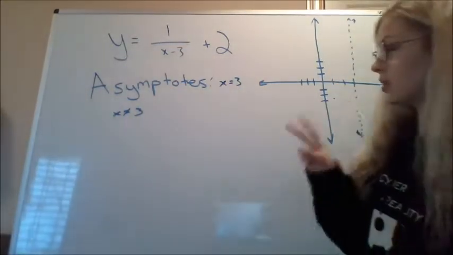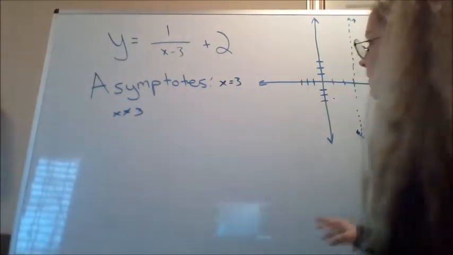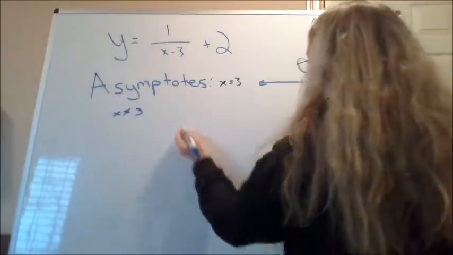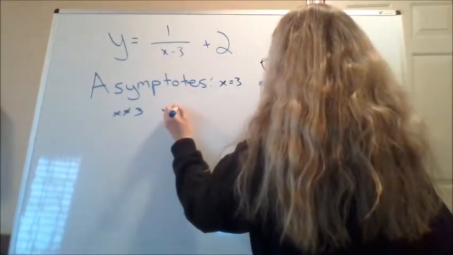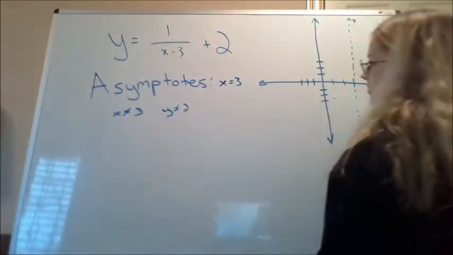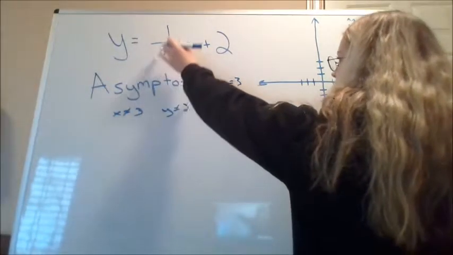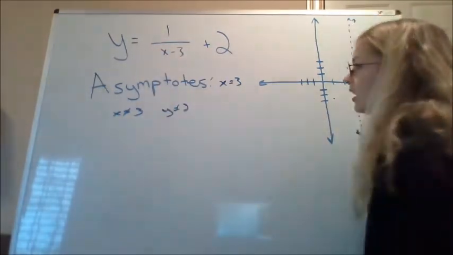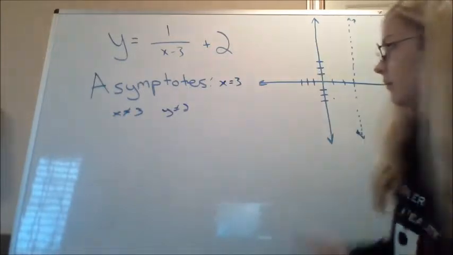Our second asymptote comes from the fact that y cannot equal 2. This is because this fraction right here, 1 over x minus 3, can never equal 0.